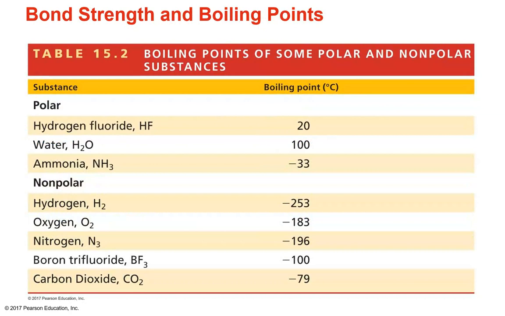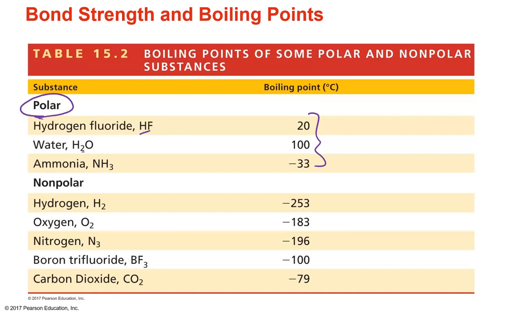All right then. Here is an outcome of these kinds of intermolecular bonds, the bonds between molecules. If you have polar molecules, so HF was an example we saw of polar, water is polar, ammonia, polar. These polar things have boiling temperatures that are in the range of our everyday experience. -33, 100 Celsius.